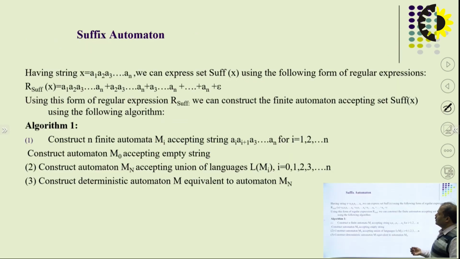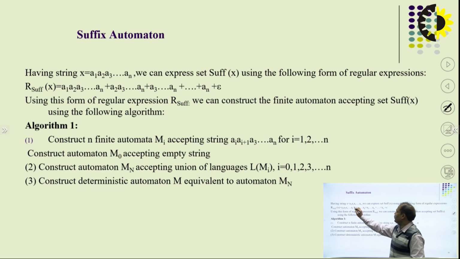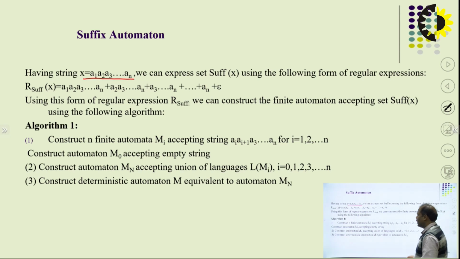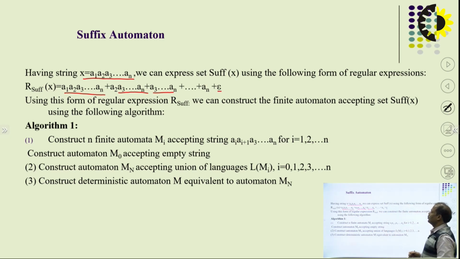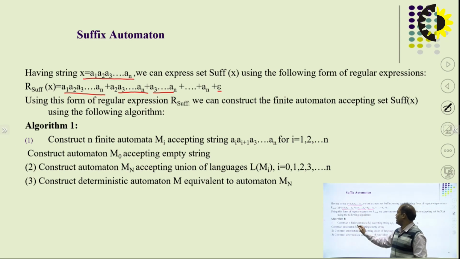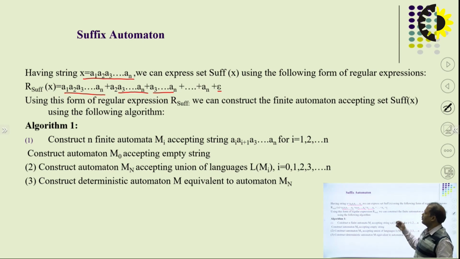So let's understand what a suffix automaton is. Consider the string x = a1, a2, a3 up to an. What are its suffixes? Its suffixes are a1 to an, then a2 to an, a3 to an, and so on, up to epsilon. So this is of course a regular expression. So all these suffixes: what we have to do is construct n finite automata accepting all the suffixes, right?